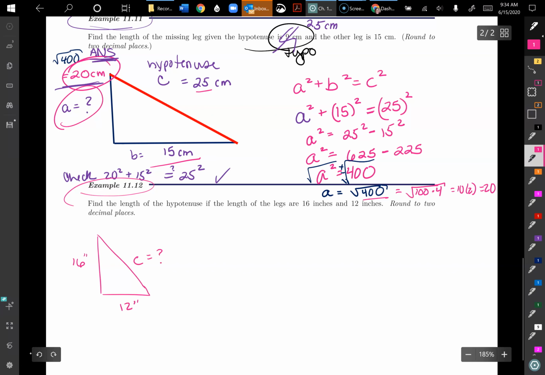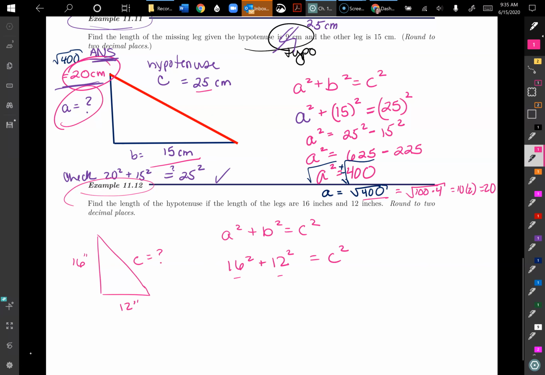Always make sure you remember to take the square root when you're doing these too. So I would have A squared plus B squared equals C squared. A squared is 16 squared plus B squared is 12 squared equals C squared. Now remember, you can't just add these together. You could clearly see that wouldn't work from the problem above. You wouldn't get the same answer if you did that.